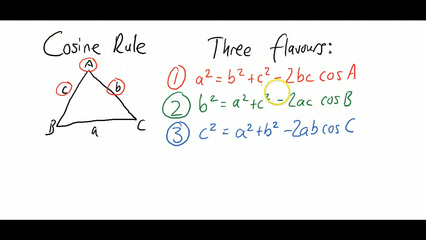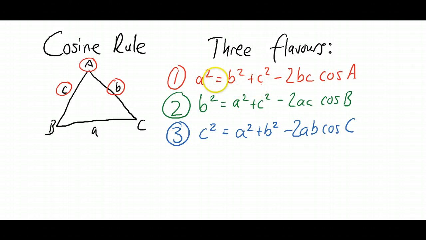Okay, so here's the other two versions of the cosine rule that are going to allow us to solve other unknown sides like B and C. In fact, you'll notice that in each case, the three different versions of the rule, they all look very similar. They all have exactly the same form. All that changes is which sides and angles are involved.